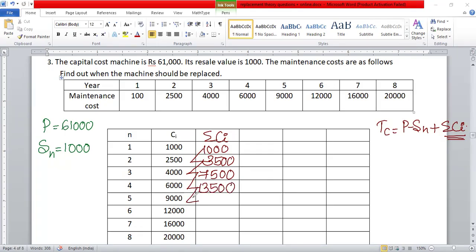Plus 9,000, so 22,500. Plus 12,000, so 34,500.